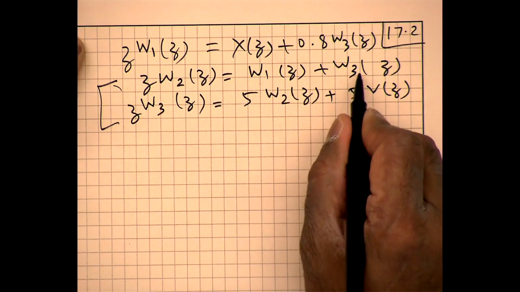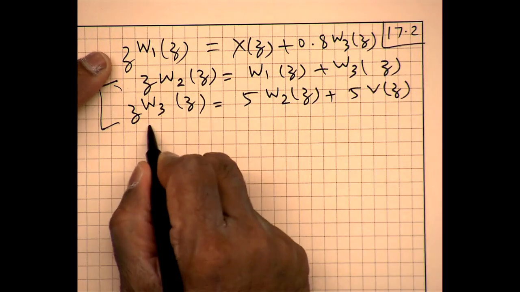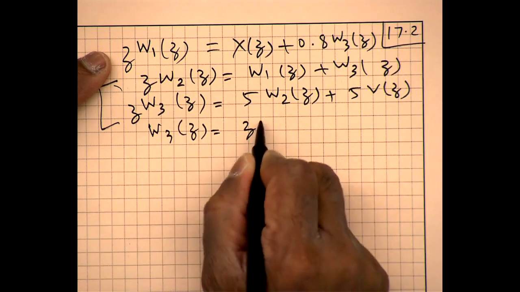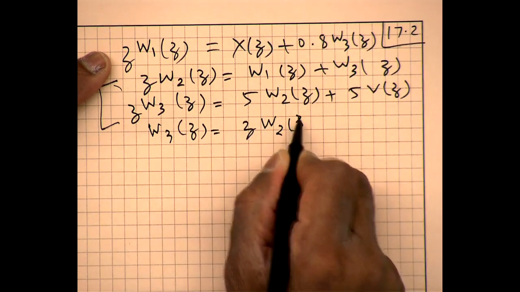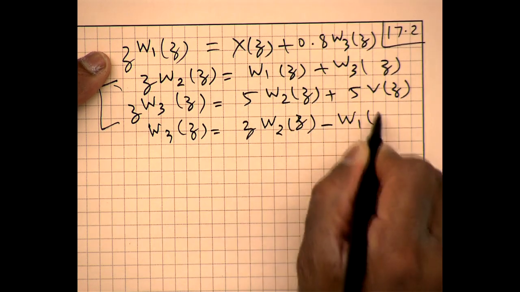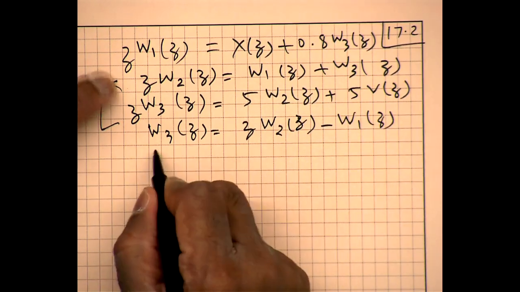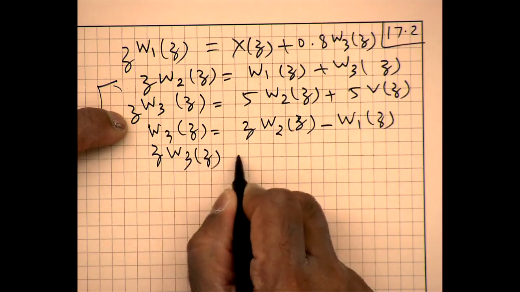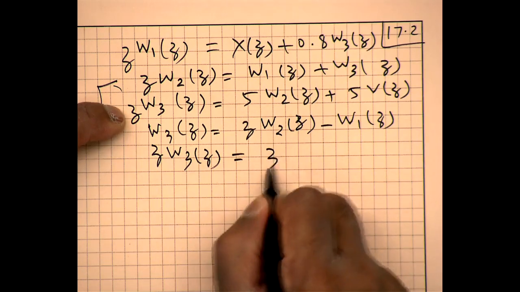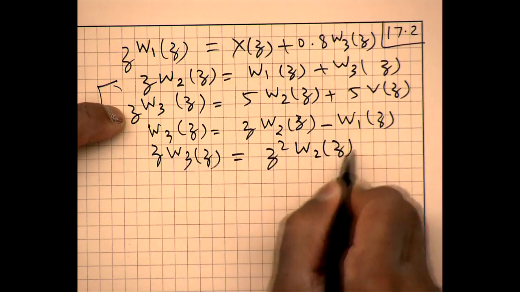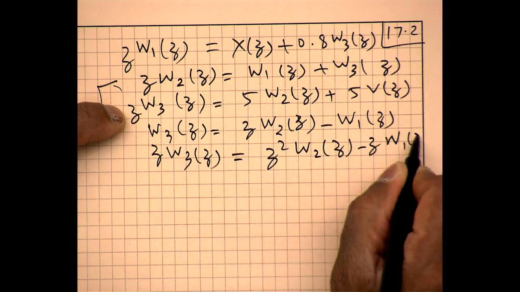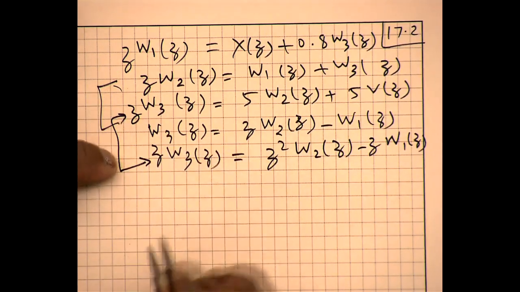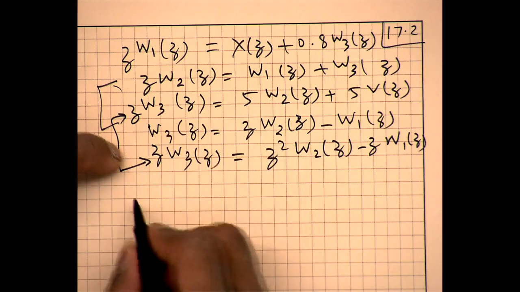So W3z from this equation is z times W2z minus W1z, and if I multiply this by z, W3z is equal to z squared W2z minus zW1z. Then these two are equal. This is equal to that, and that's how I can eliminate W3.